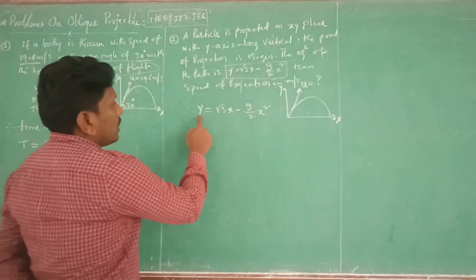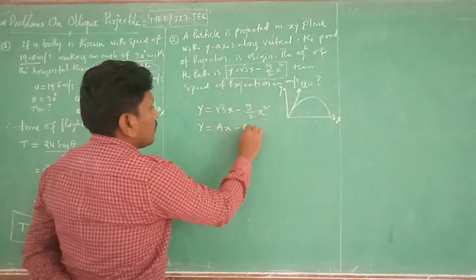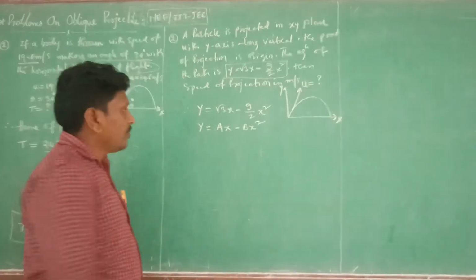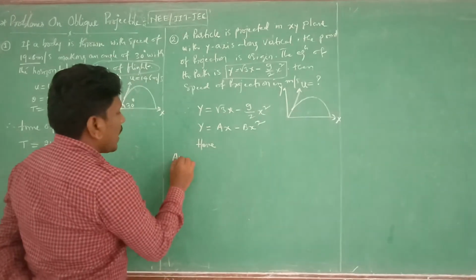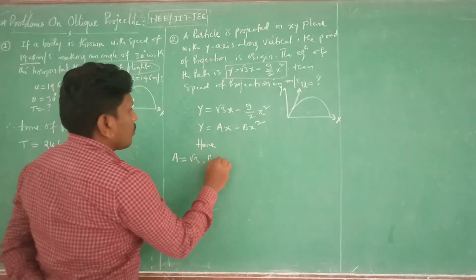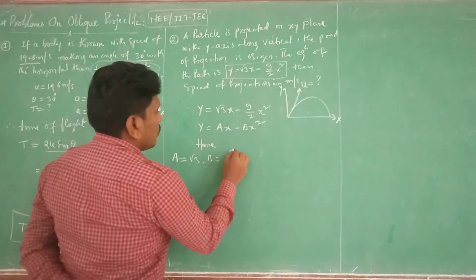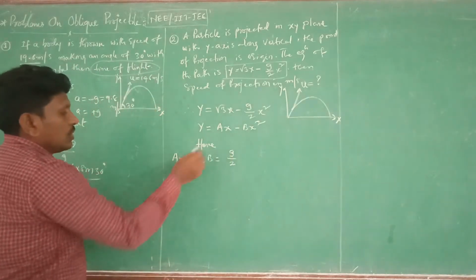We know that this is of the form y equals ax minus bx square. Here a equals root 3 and b equals g by 2.